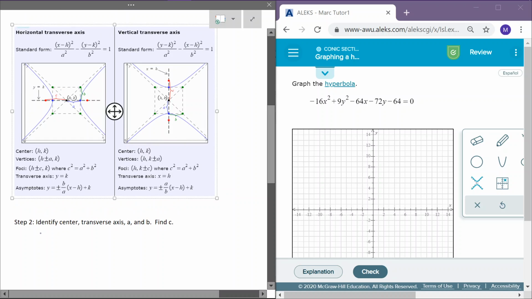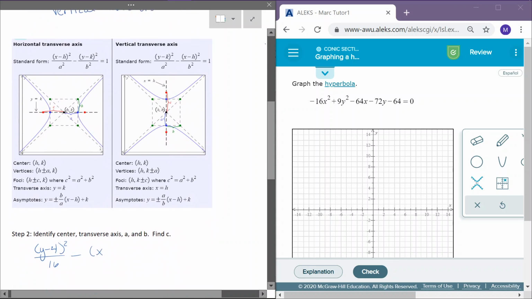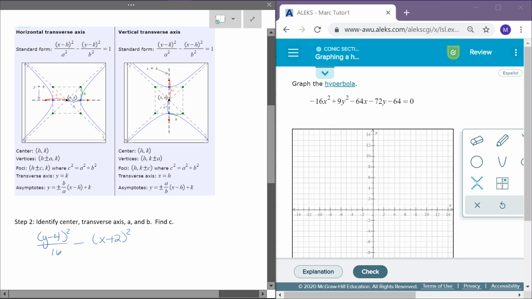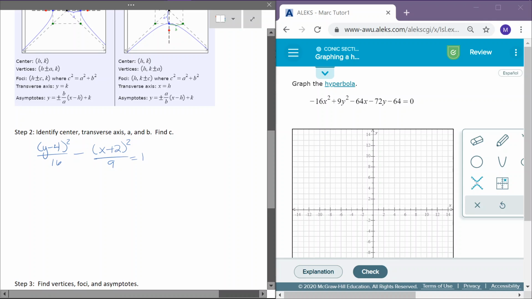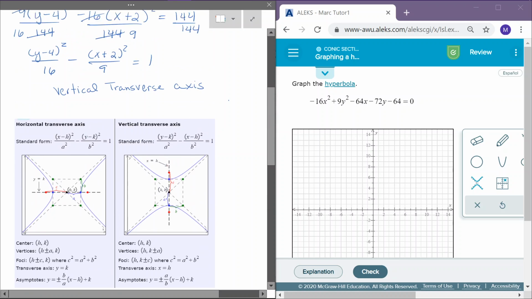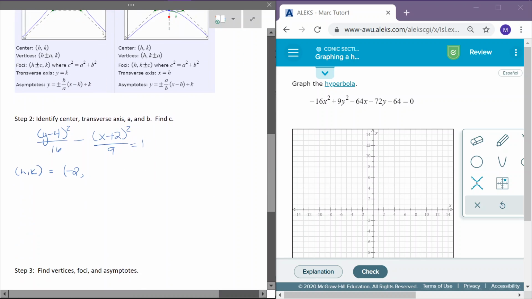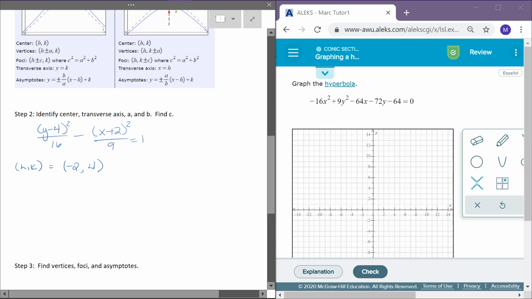We have (y minus 4) squared over 16 minus (x plus 2) squared over 9 equals 1. So our center is going to be (h, k), which is going to be negative 2, comma 4.